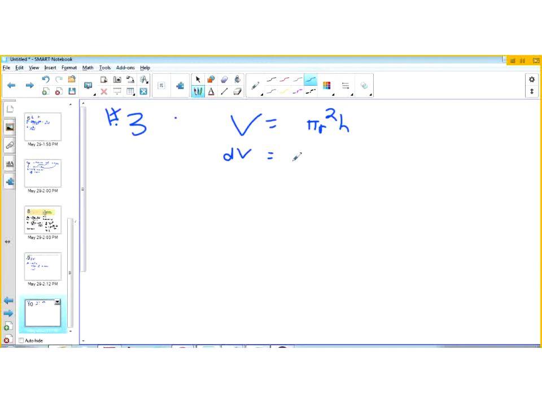So for the sake of argument, say we're going to bump out the radius ever so slightly. The change in the volume would then be the differential of the volume. So that would be 2 pi r h, and then we're changing the radius. That would be your incremental change in your volume.